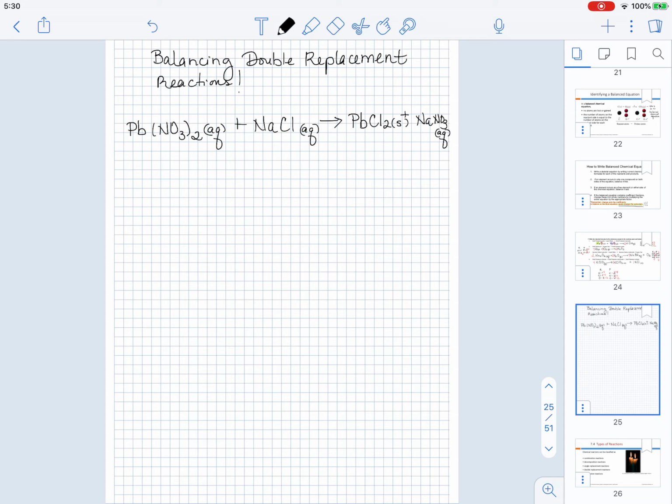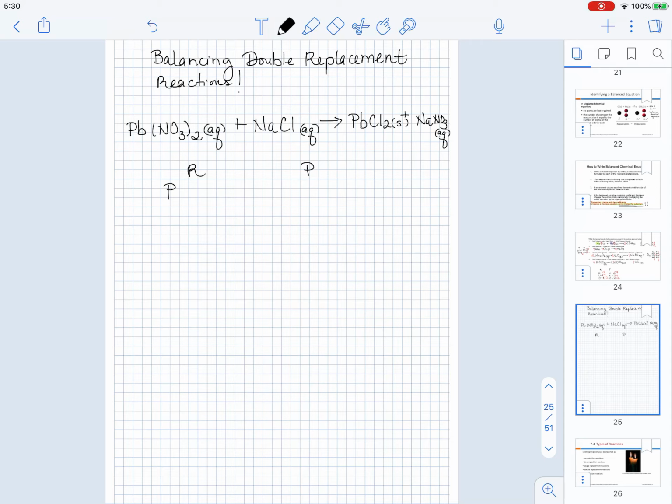Okay, so when we have the following reaction, one of the things that we can think is, okay, in this double replacement reaction, I can see that my polyatomic ion, NO3, shows up in the product as NO3. So when you have that situation, this is how you tackle it. You're going to say, in my reactants and in my product, this is what I have, and these are the atoms that I'm going to count.